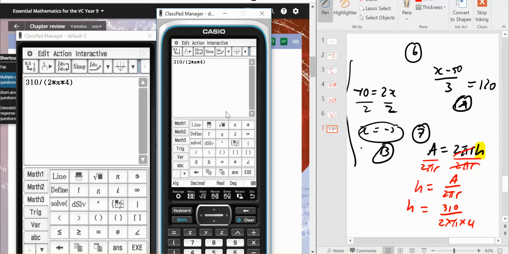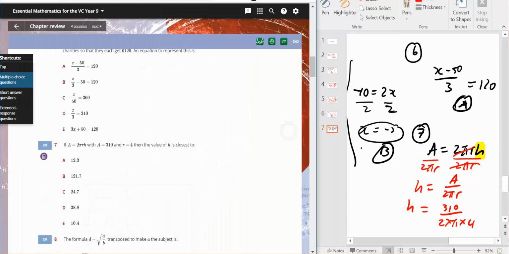In case you're wondering where the pi button is, on your calculator it should be shift and another button, with a little pi sign above it. You should get 12.33, so A would be your answer. Basically, that's how you approach a question like that.